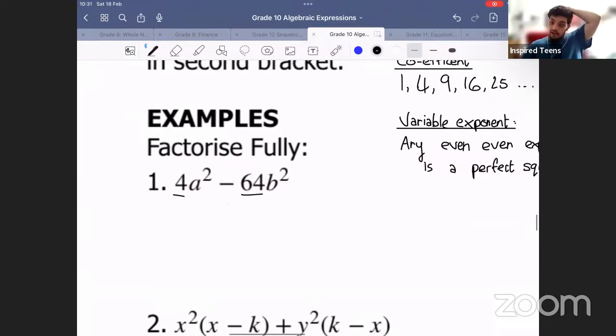So in this case, we have a squared and b squared. Obviously, a squared and b squared are perfect squares because they're squared, but they're also an even exponent. So therefore, we definitely know that they're perfect squares.